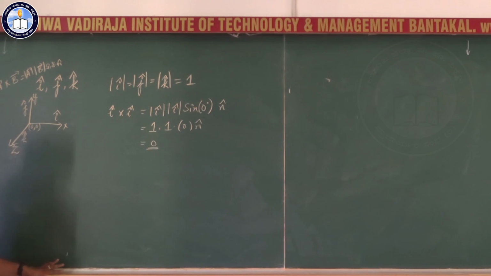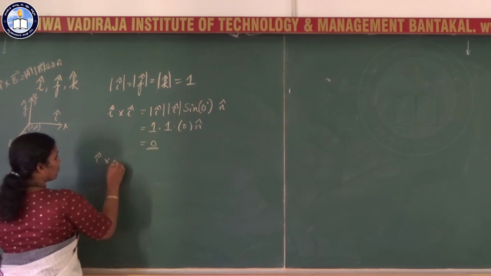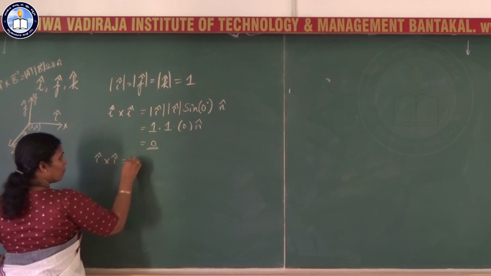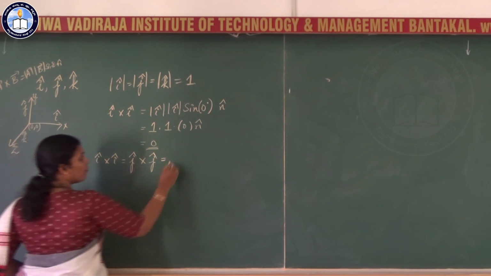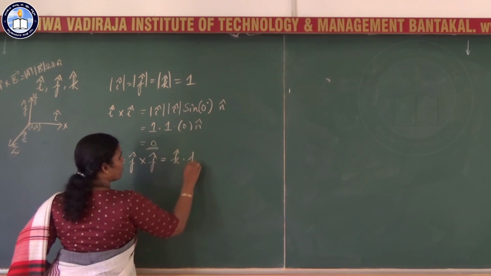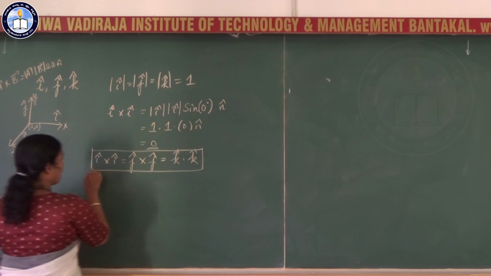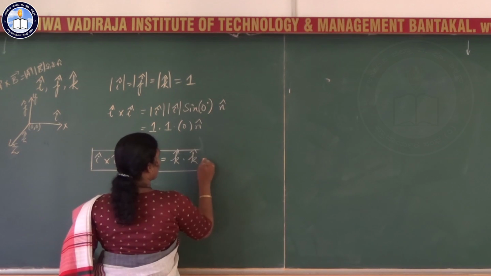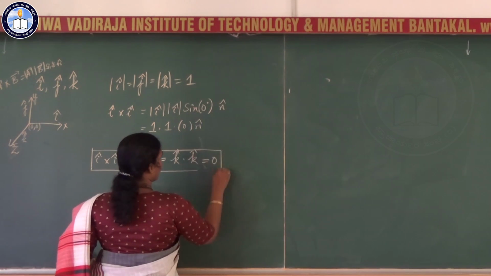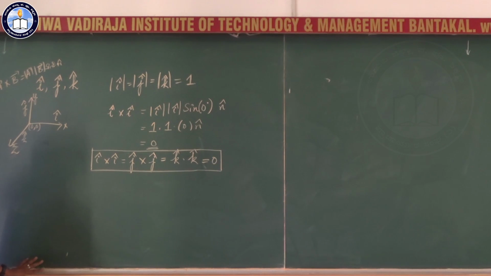You carry out the same. Then you get i cap cross i cap equal to j cap cross j cap equal to k cap cross k cap equal to 0. So cross product of a vector with itself is equal to 0.